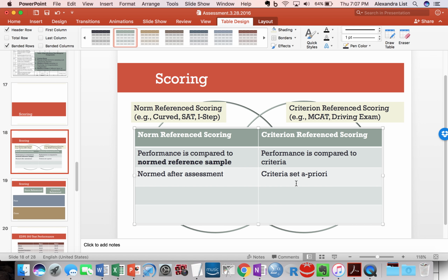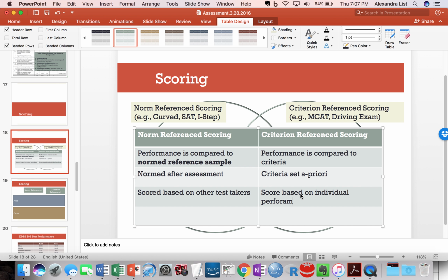Norm referenced scoring means that your performance is compared to how other people doing the test performed, which is not the case for criterion referenced scoring. So the score is based only on individual performance.